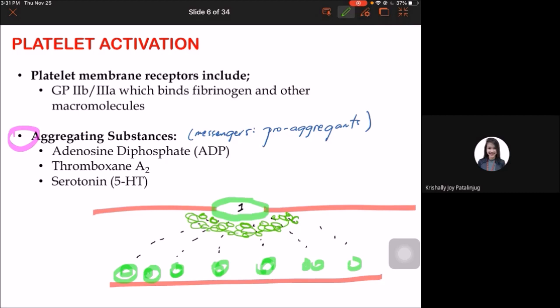Okay? So, unsa atong realization dire, kung walang lalabas na pro-aggregants, di ba? Walang tutulong kay platelet 1. Okay? Di ba? So, dili na niya kaya to cover the problem in the endothelium. So, kailangan din siya mag-secrete of pro-aggregants para tabangan siya. Tulong-tulong sila mag-cover ana nga injury.